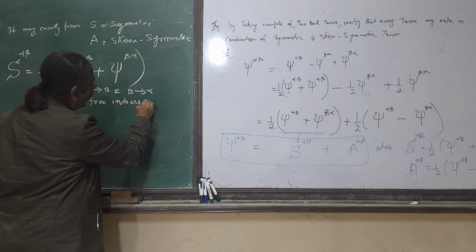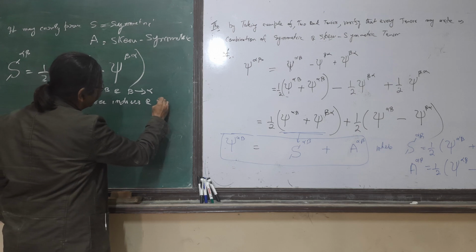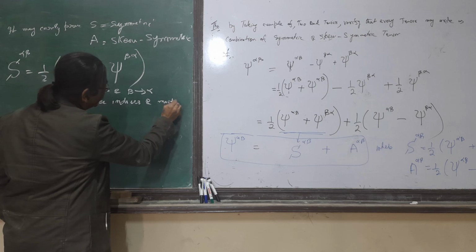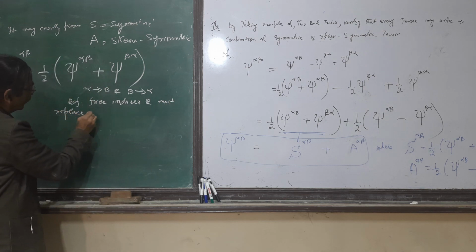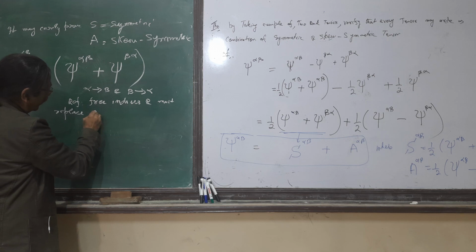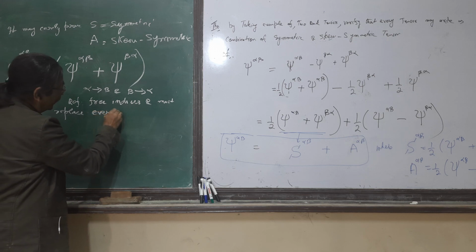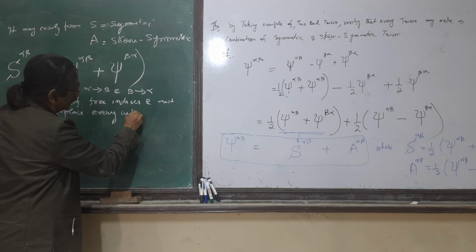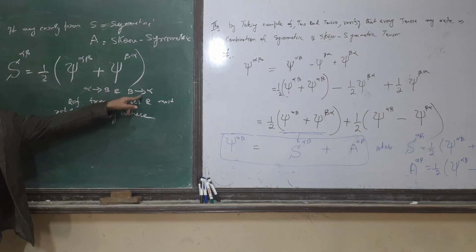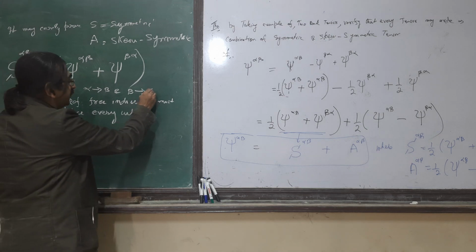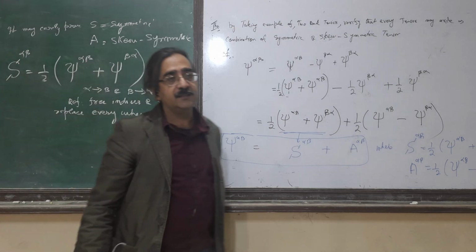Indices must be replaced everywhere. Okay, if you are replacing alpha with beta and beta with alpha, it must be replaced everywhere, in the left hand side as well as the right side.